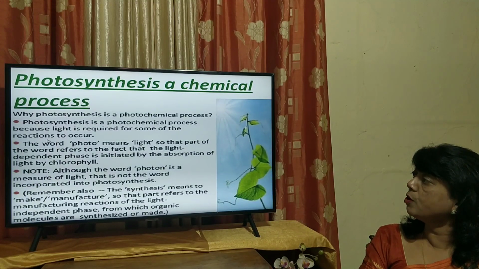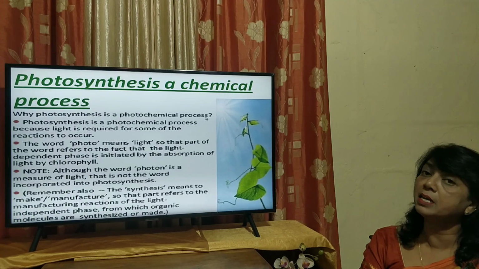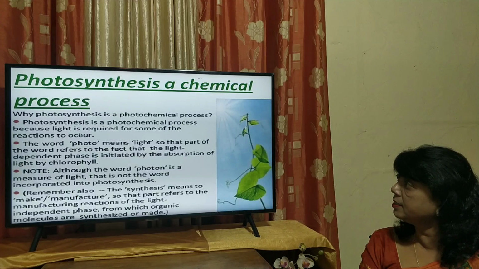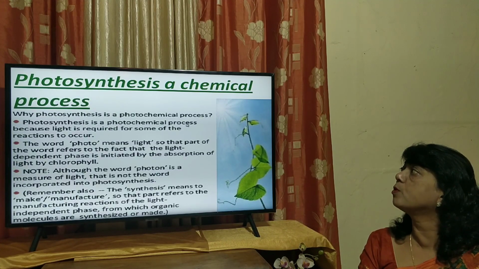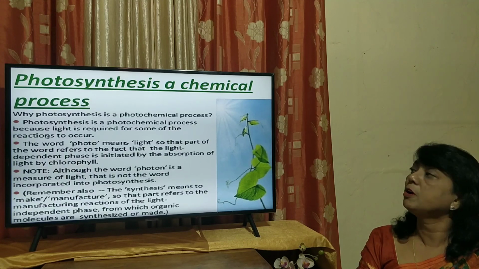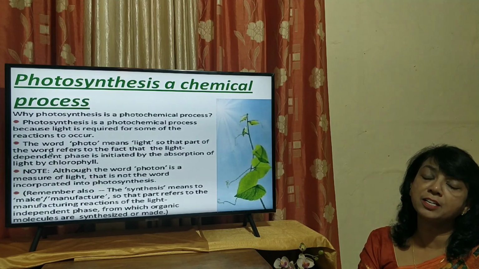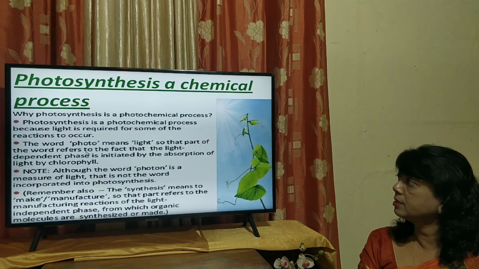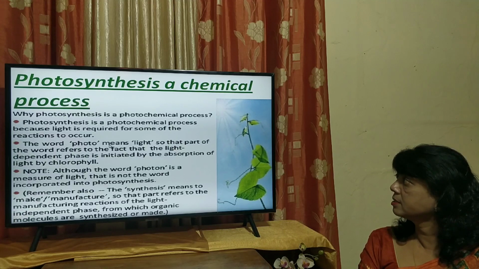Now we'll talk more about why photosynthesis is a photochemical process. As I said earlier, photosynthesis is a photochemical process because light is required for some of the reactions to occur. The word photo means light.